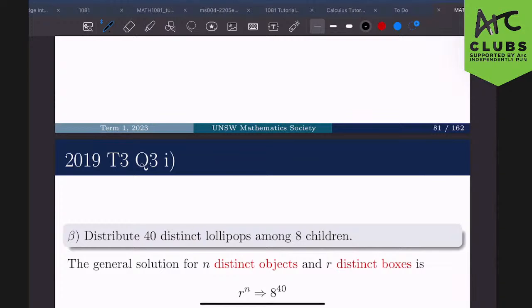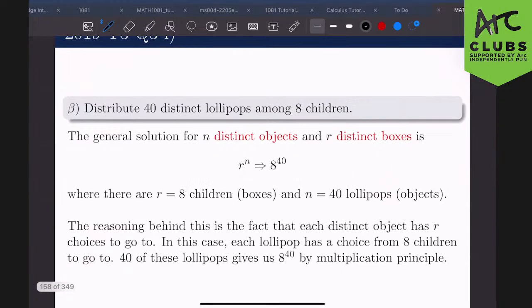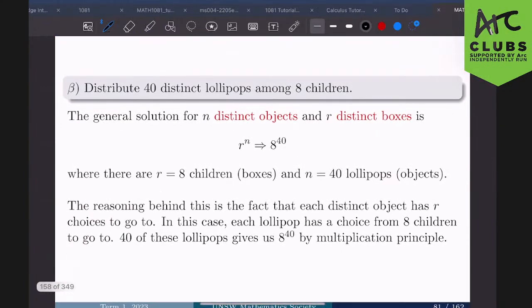The best way of thinking about this question is, instead of asking what lollipops the children get, just think about where the lollipops go. So lollipop number 1 has 8 options.